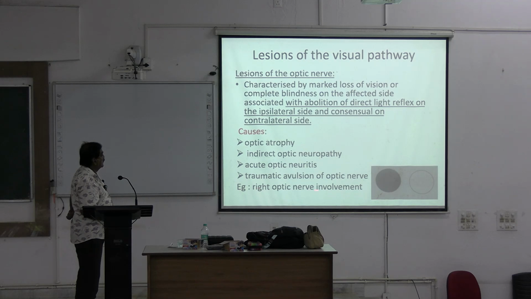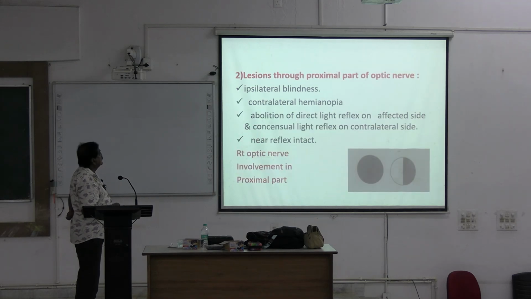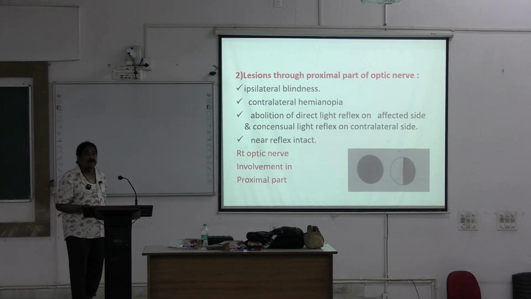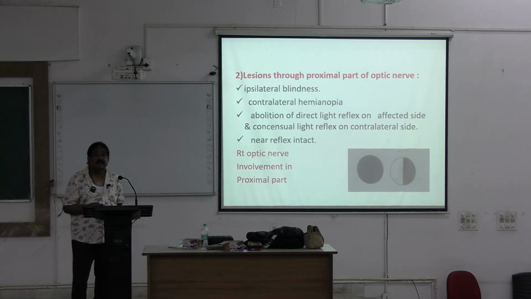Example, right optic nerve involvement. Lesion in the proximal part of the optic nerve: ipsilateral blindness, contralateral hemianopia, abolition of direct light reflex on the affected side and consensual light reflex on the contralateral side, near reflex intact. So, by clinical examination, most of these diagnoses can be made.